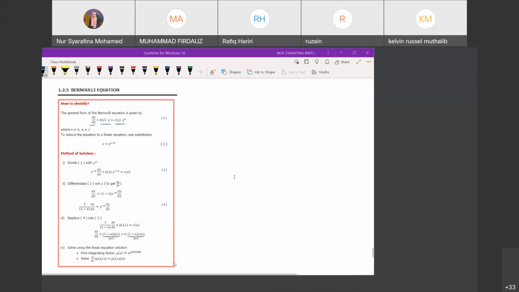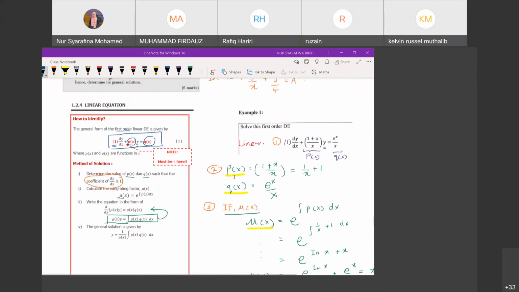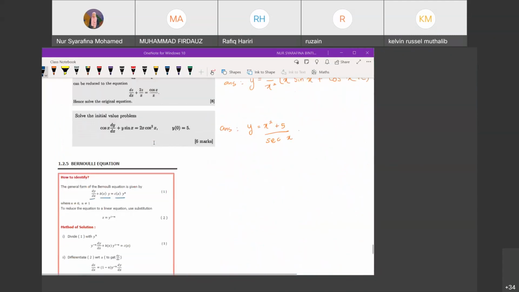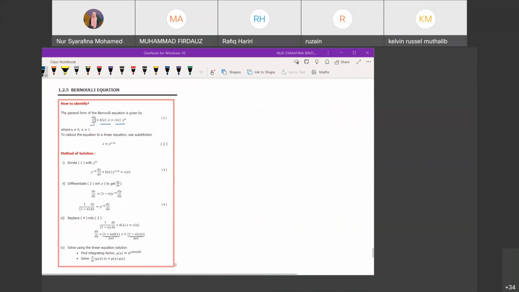So for linear, remember, we just have dy/dx + p(x)y = q(x). But now for Bernoulli, we have dy/dx + b(x)y = c(x)y^n.